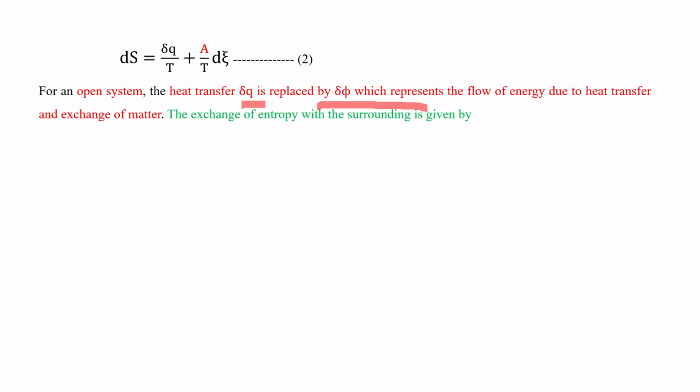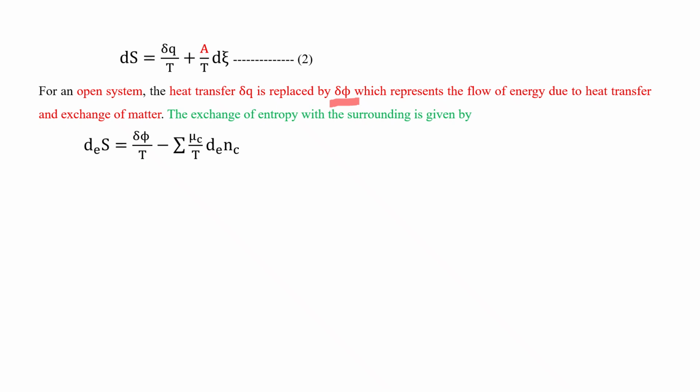So instead of heat transfer, for del Q, we are representing it as del pi, which means that there will be flow of energy due to heat transfer and exchange of matter. So there will be both exchange of matter and energy, which leads to the heat transfer. So this del Q can be replaced by del pi. If del pi is there, we can confirm that it is an open system.